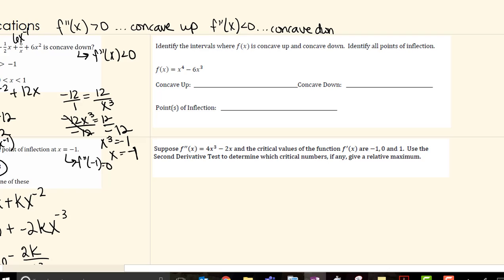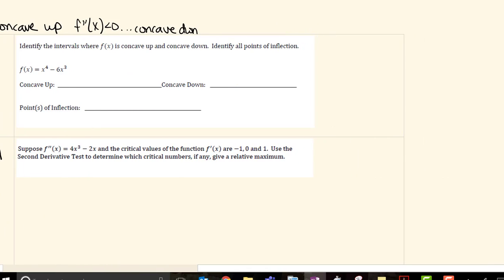Identify the intervals where f of x is concave up and concave down, and identify all points of inflection. All right, same thing. We're looking for that double derivative to give us information about the concavity of f of x.